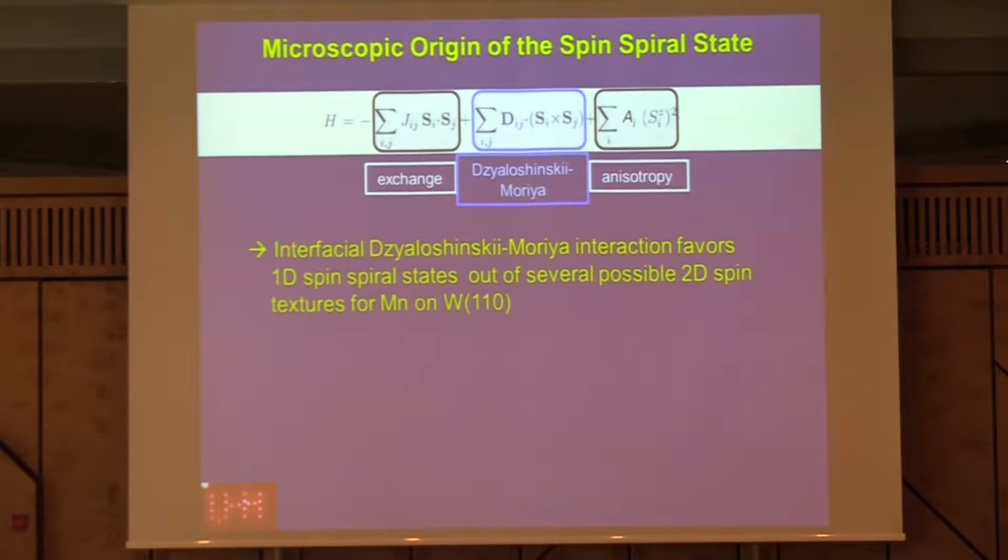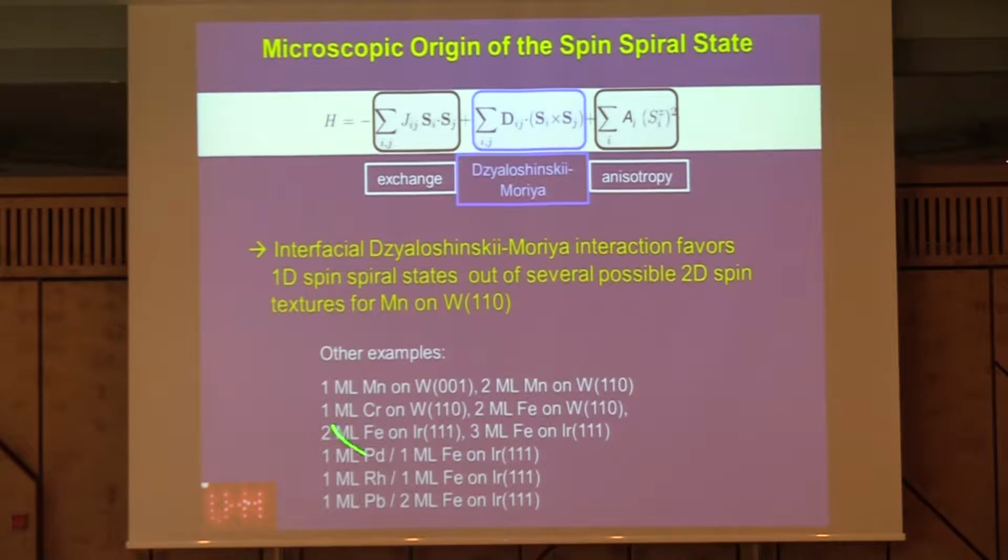And we have seen that this is not unique for this manganese on tungsten(110) system, but can be quite generally observed. So in the following years, we made lots of studies where we have been using tungsten substrates in different orientations, but also iridium, more recently rhenium, and other kinds of substrates.